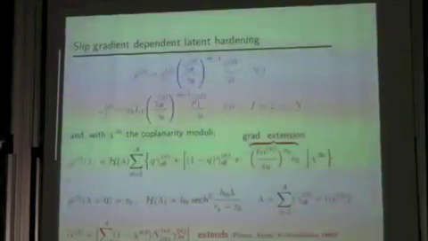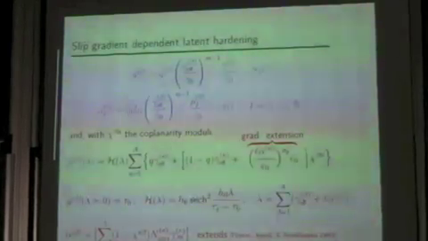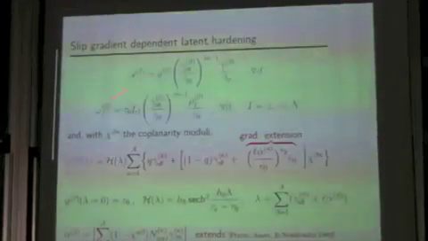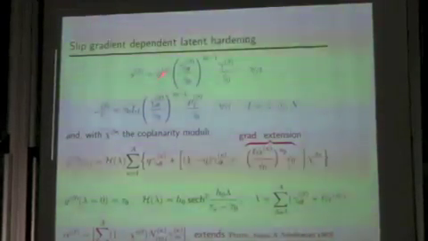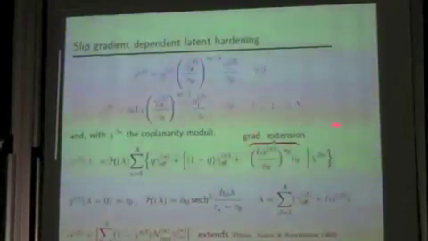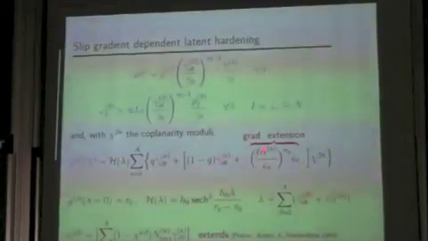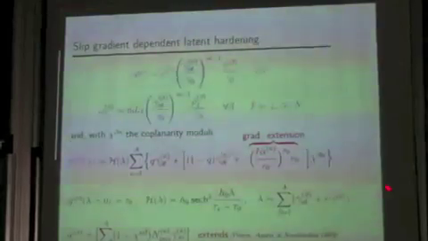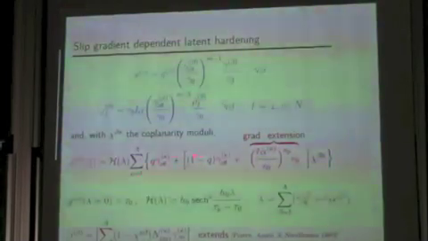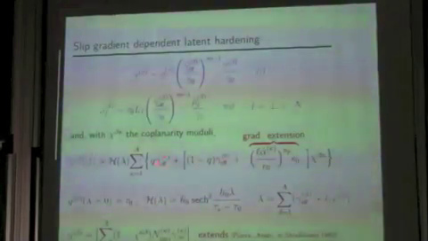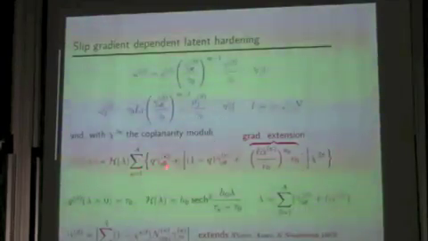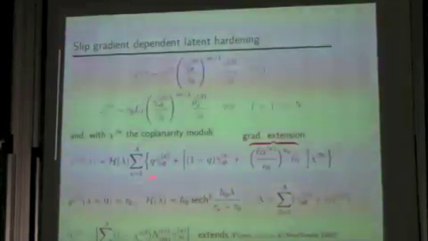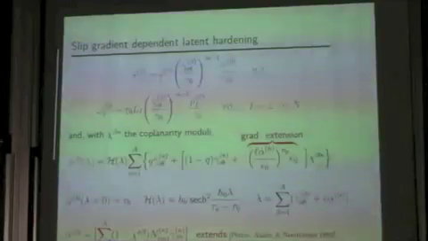And the little novelty of this modeling is that for the slip resistance, we have extended the classical Peirce-Asaro-Needleman latent hardening. First of all, a straightforward extension: you just put the effective plastic slip rate instead of the usual one, so this involves the length scales.